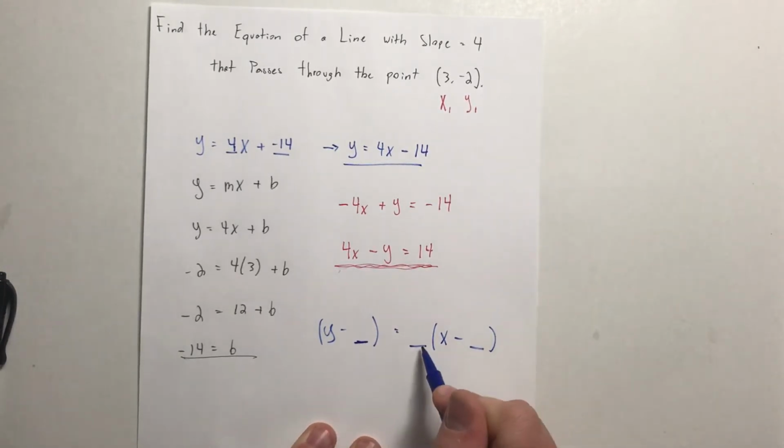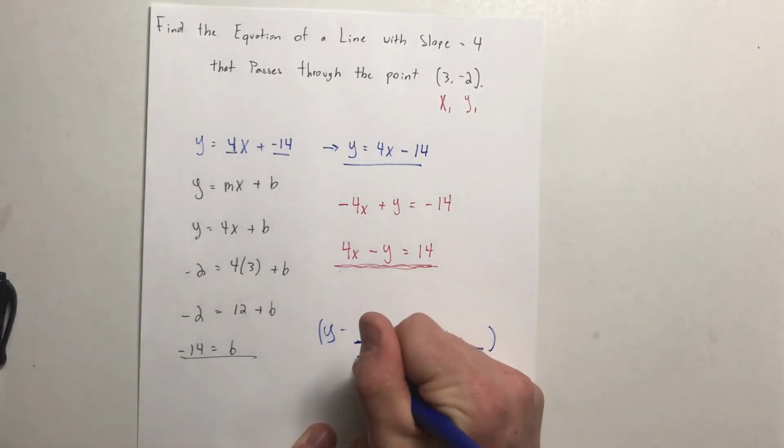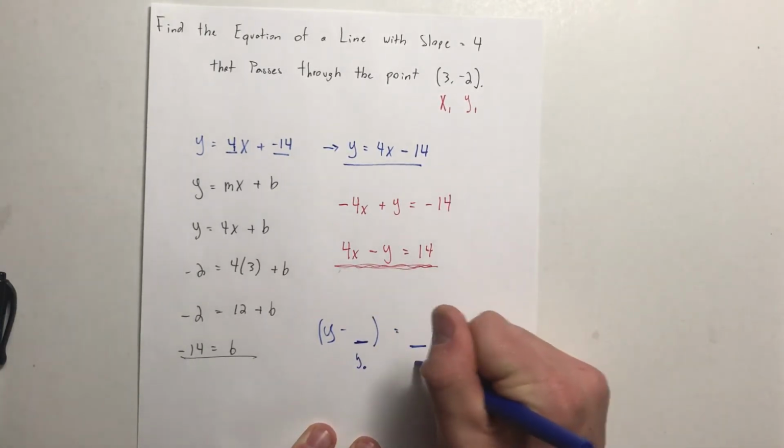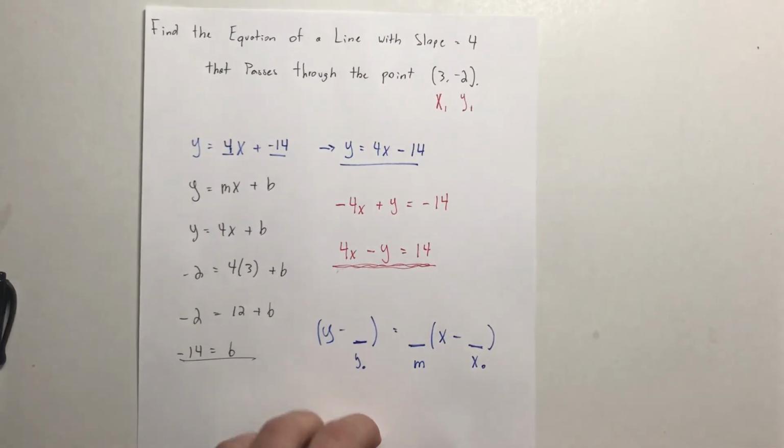So we need to figure out these. So I'll write this under here. This is going to be y naught, this is going to be x naught, and this is going to be m. And so we just need to plug these in, and then we have our point slope form of the line.